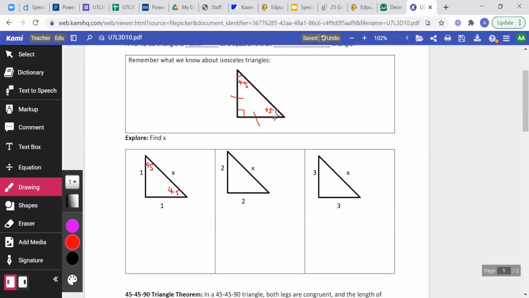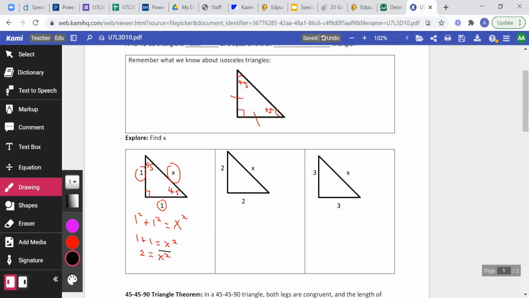Then if we decide to use the Pythagorean theorem, let me put the right angle. It says this side squared plus this side squared equals this side squared. 1 squared is 1, 1 squared is 1, and it gives me x squared. 1 plus 1 is 2, so 2 equals x squared.